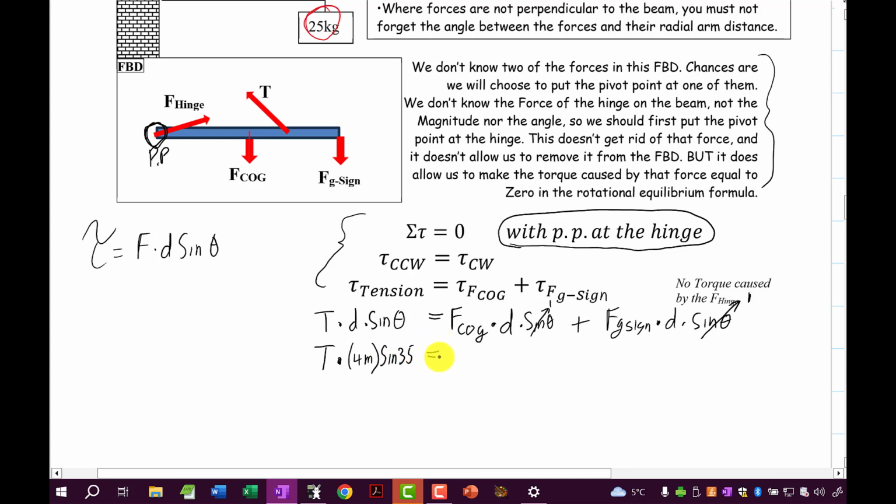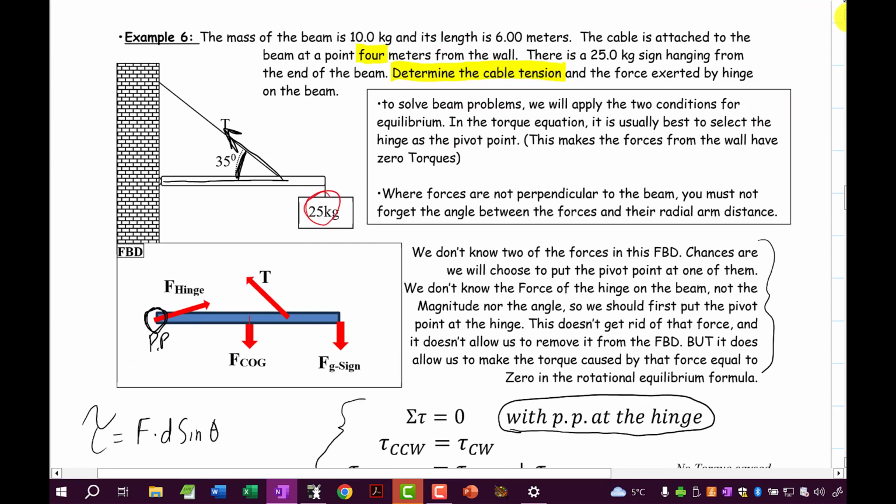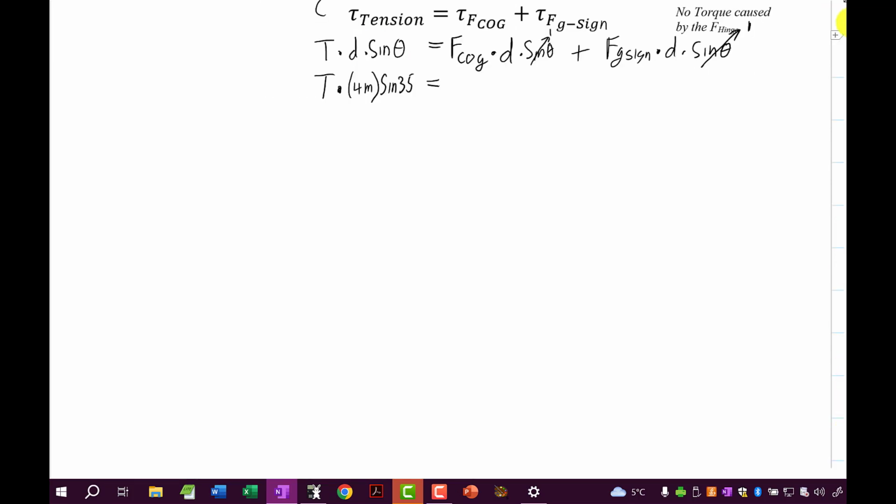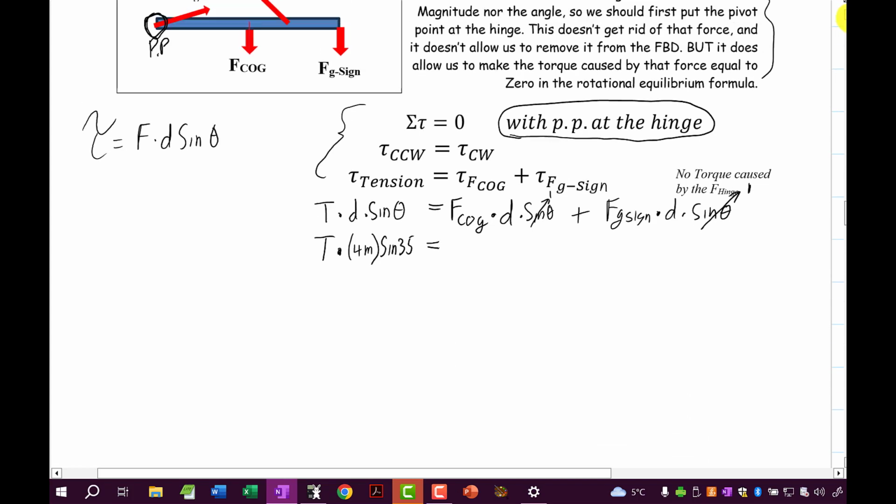And that equals the force of the center of gravity. Well, we were told that that beam is 10 kilograms, and it's 6 meters long. So it's 10 kilograms times 9.8, times 3 meters, half the length of that beam.